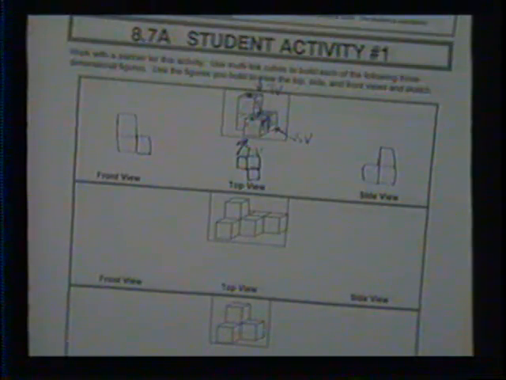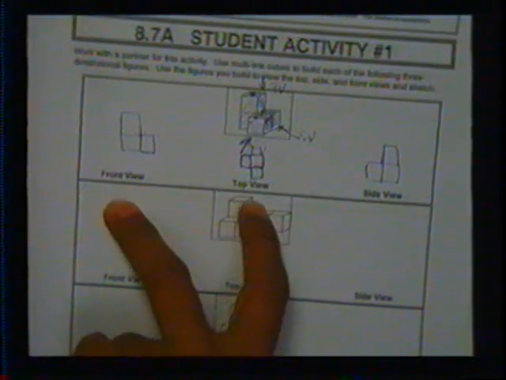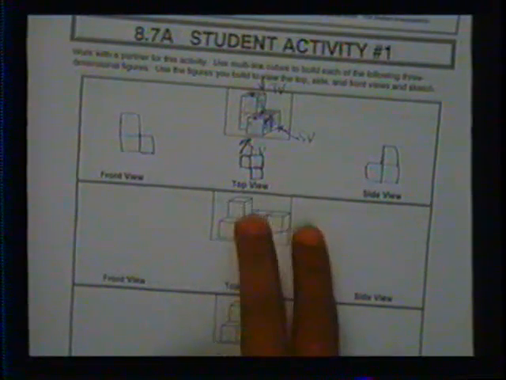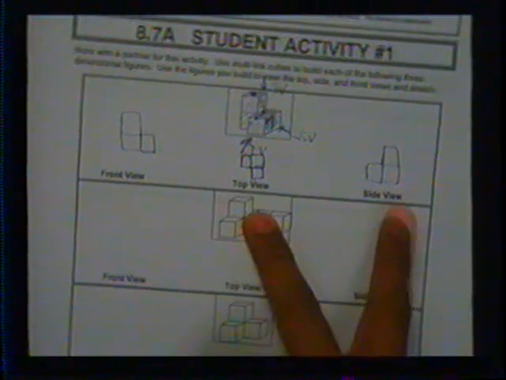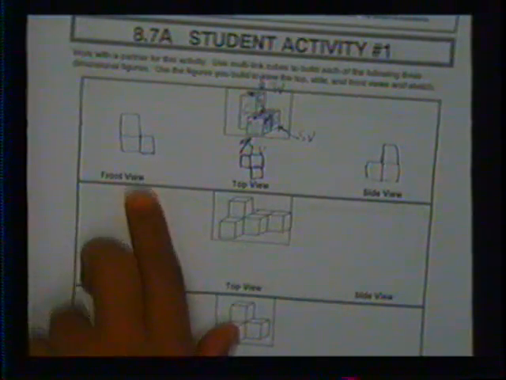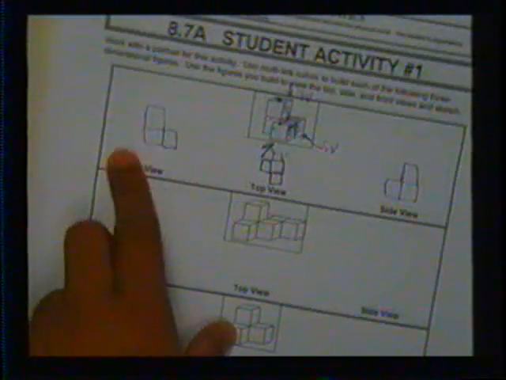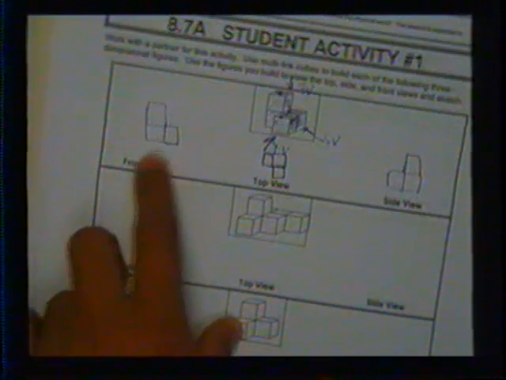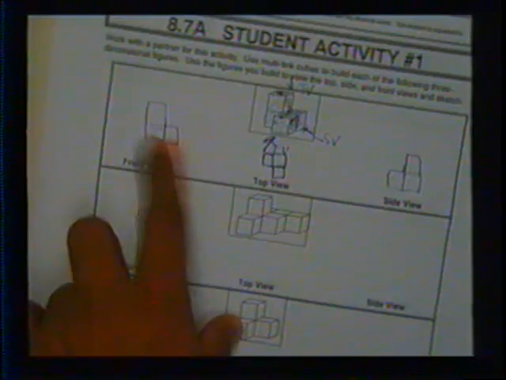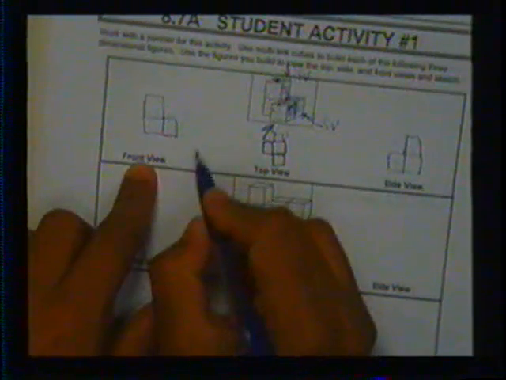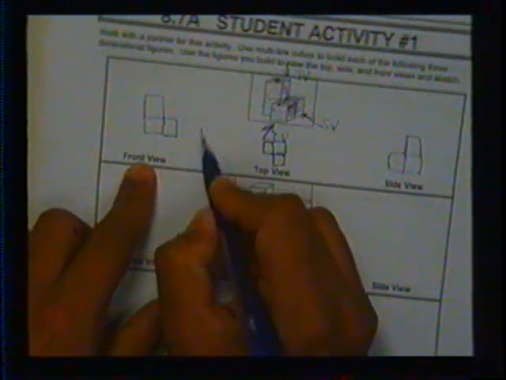So whenever you want to represent a 3D object in 2D, you at least need two views, like either front view or top view, or top view or side view. Because let's suppose if I just give you front view, you don't know exactly how it is, right? What's the height?